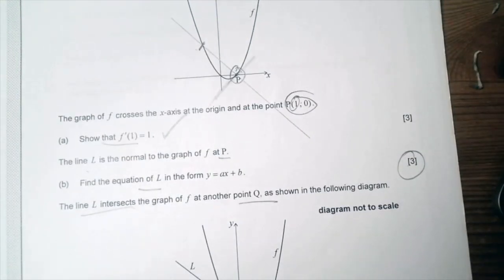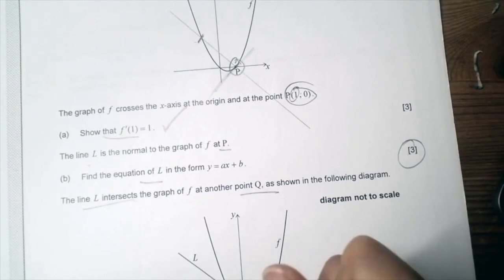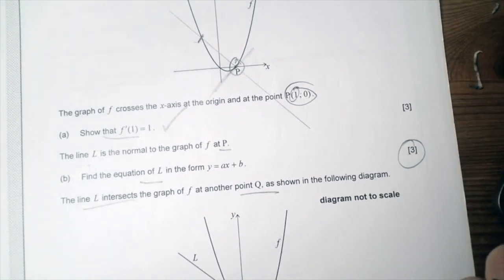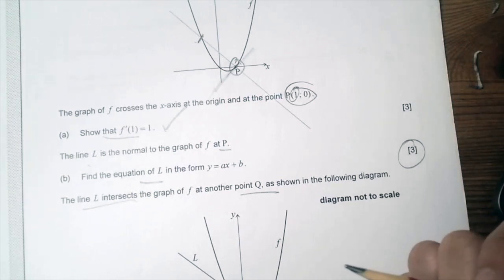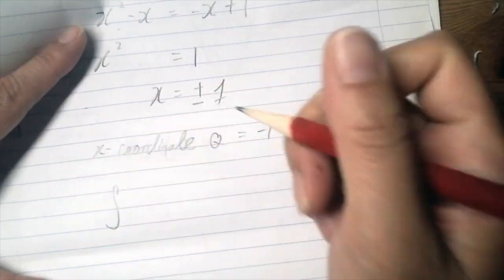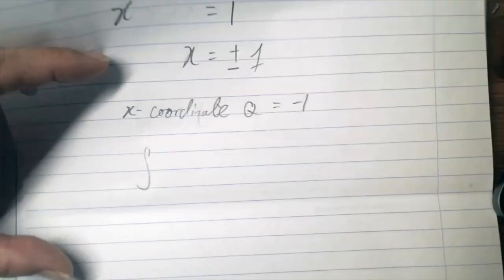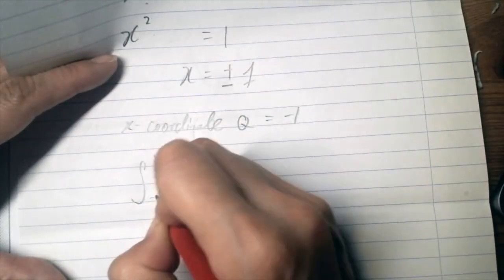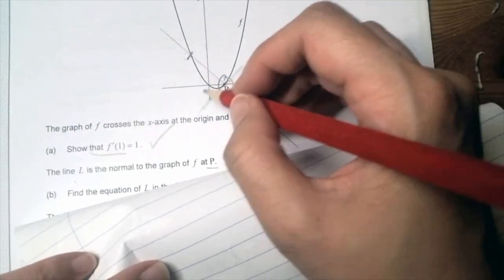Right, and then the area of the region enclosed by these 2 lines. So I want this bit and this bit. So that will be an integration of the top minus the bottom, so we make sure we subtract that first. So we have the integral from negative 1 to 1 of the top bit minus the lower bit.